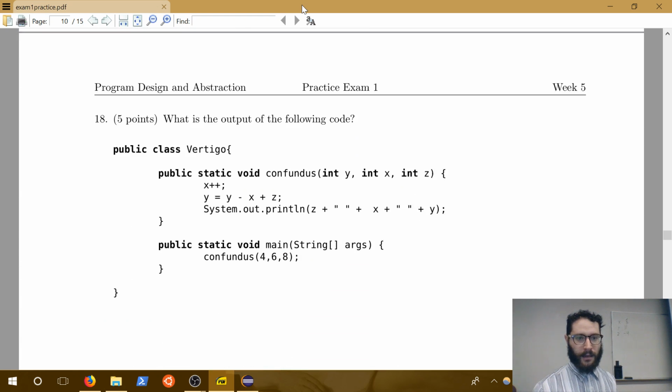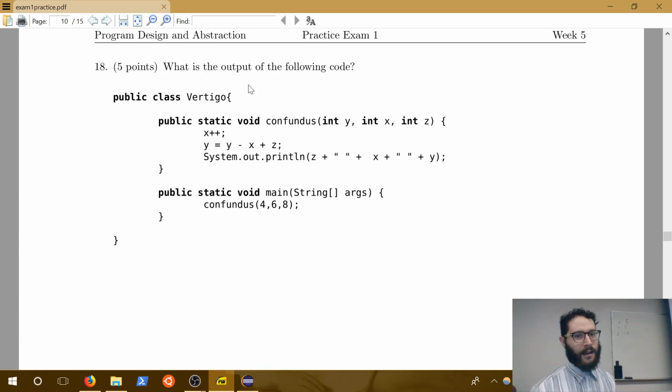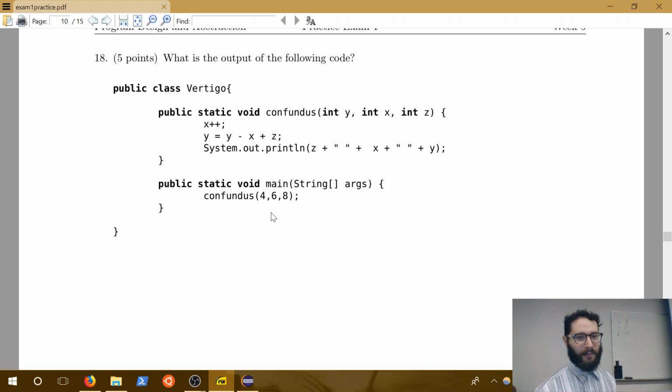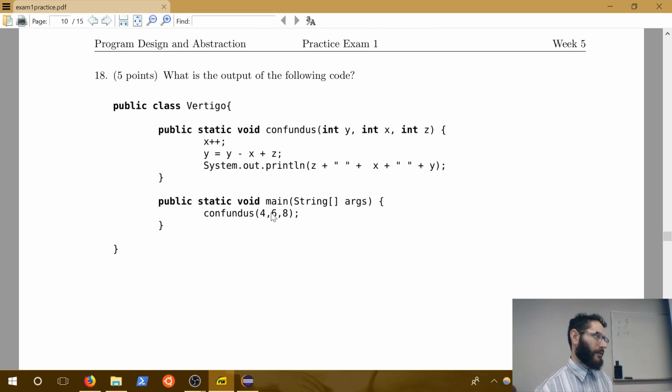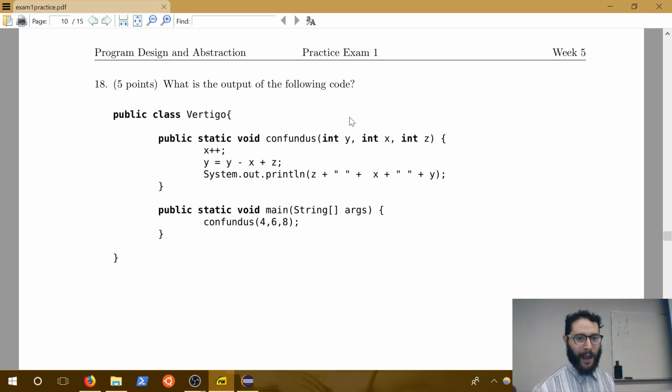Okay. All right. So this one is a classic example of what we love to do on exams. Confundus 468, and then we've got int y, x, z up here, and then we've got z, x, y. The only way you can really do that is by making sure you keep track of everything. So y is 4, x is 6, and z is 8.